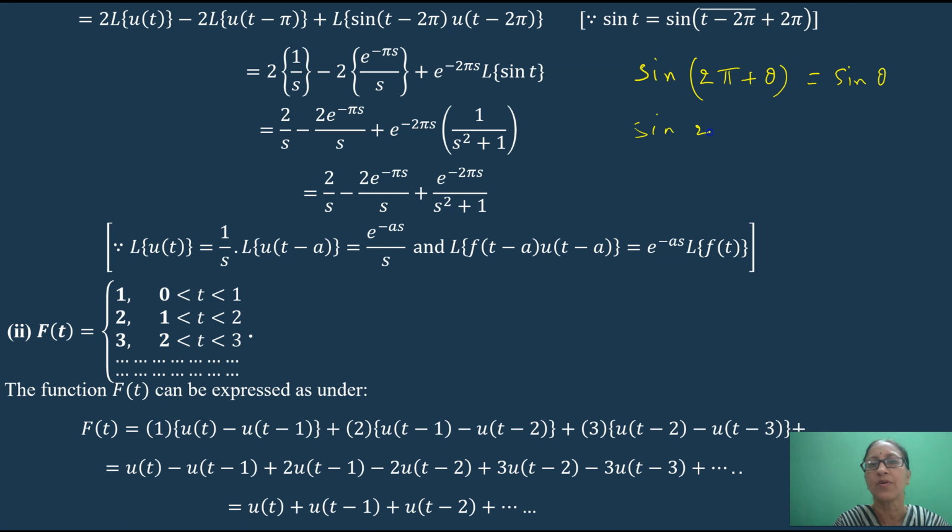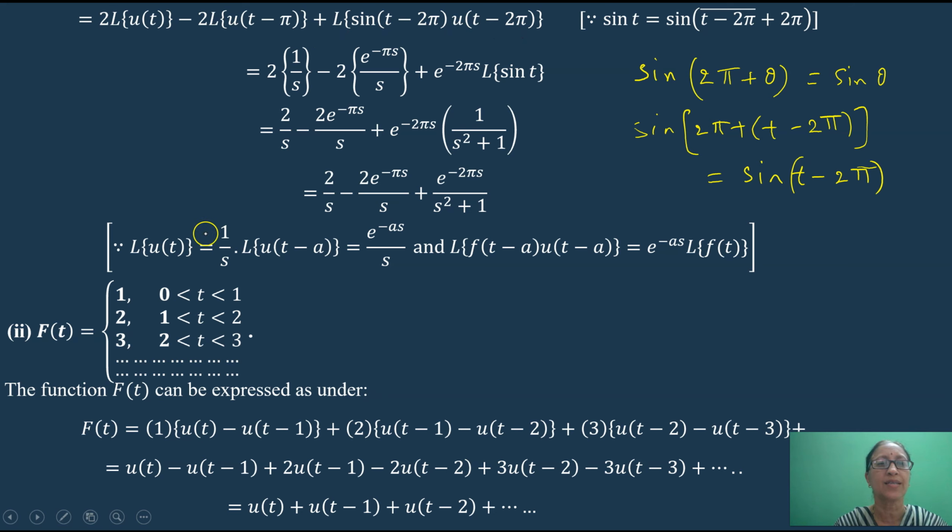So sin of 2 pi plus t minus 2 pi equal to sin of t minus 2 pi. That's why here we got sin t minus 2 pi into u of t minus 2 pi.